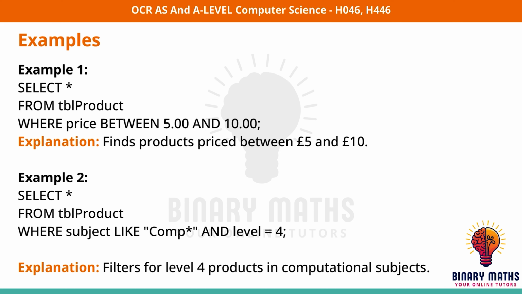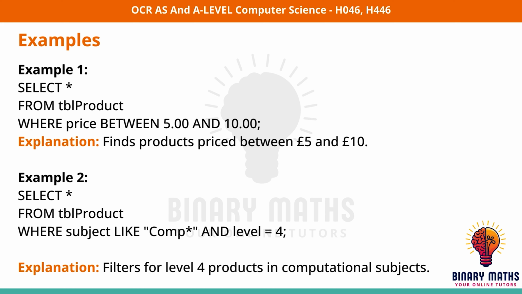SELECT with the asterisk FROM Table Product. The WHERE price would be BETWEEN 5 AND 10. This query will return all products where the price is between 5 and 10. Now let's say we want to find all level 4 products in computational subjects.